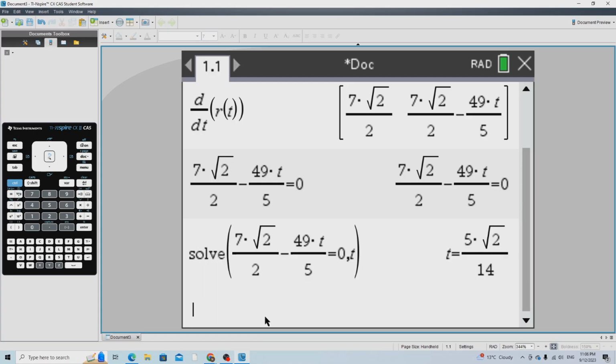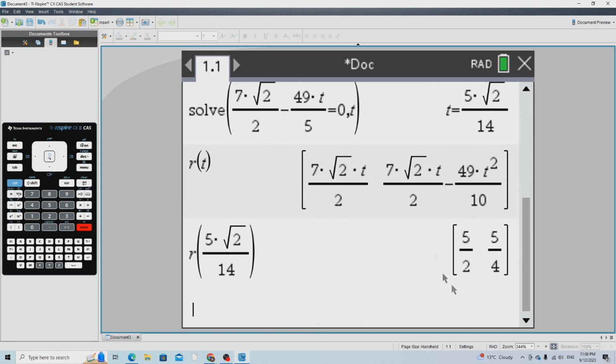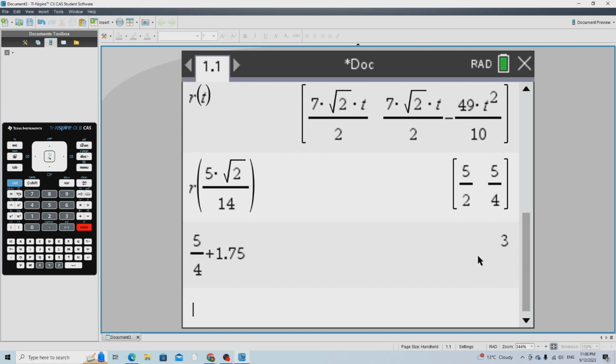So if we know our position, let's go on our calculator. If we know r of t is a position, and we know that the maximum height occurs at this value over here, let's put that there. Done. This j vector, your actual vertical distance, which is 5 over 4, we're going to have to add to 1.75 to get the height above the floor level. So 5 over 4 plus 1.75 gives us 3. So it's just 3 meters.